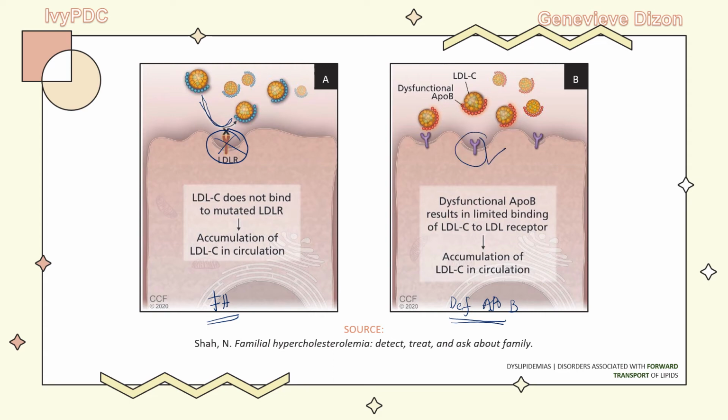There is nothing wrong with the receptors, but there is a defect in the Apo B itself that does not permit its binding to the receptor, and both of these conditions lead to the accumulation of LDL in the circulation because of the non-binding of the Apo B to the receptors.